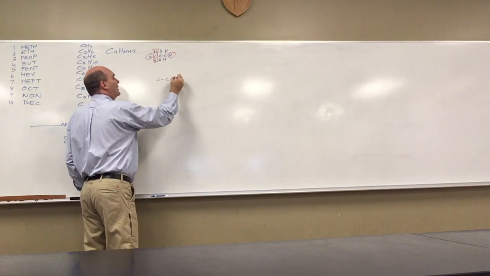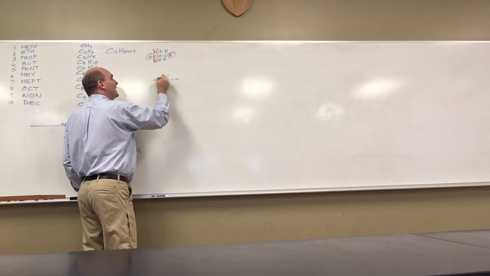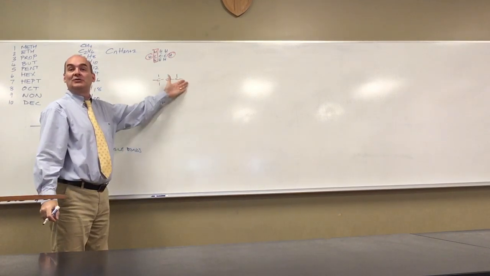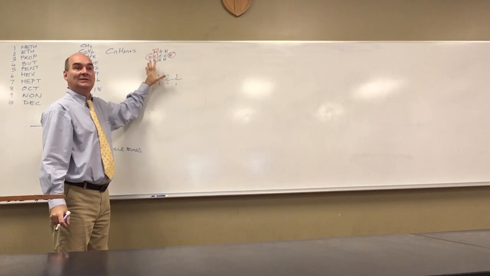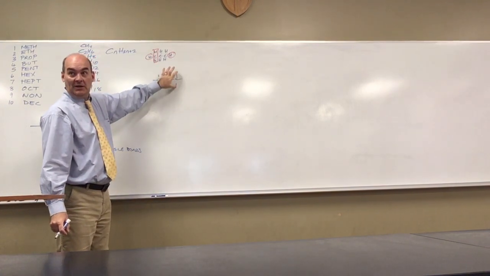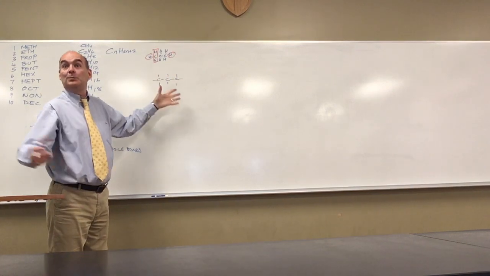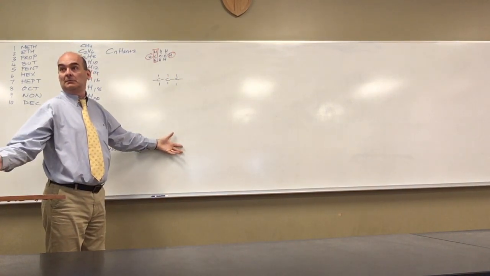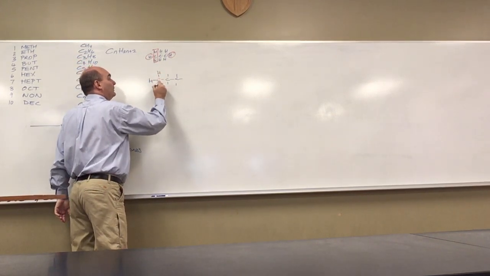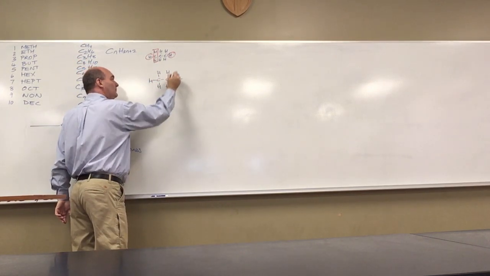So your condensed structure just represents the bonds. The carbons have to be bonded to each other. That's going to leave 6 spaces here and 1 on each end to bond to something. If they're hydrogens, they can only bond one way. Okay?